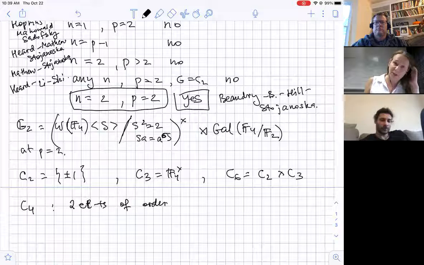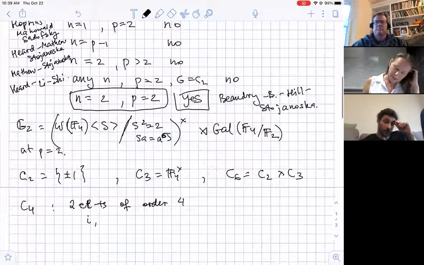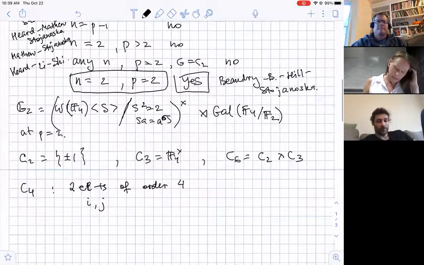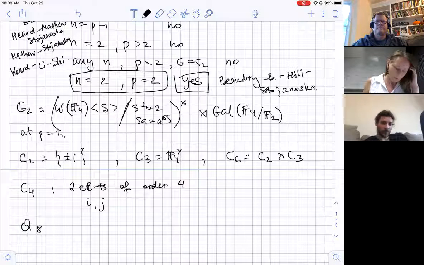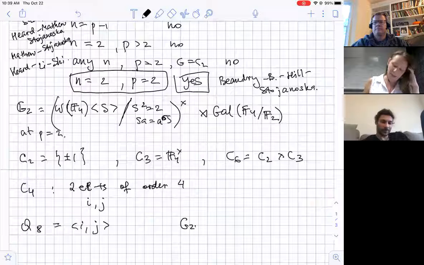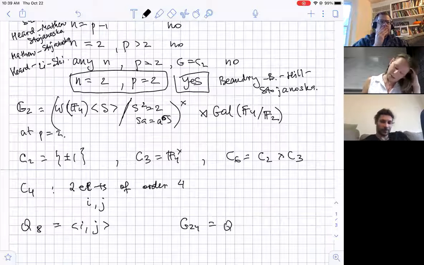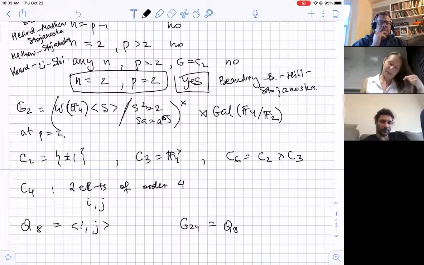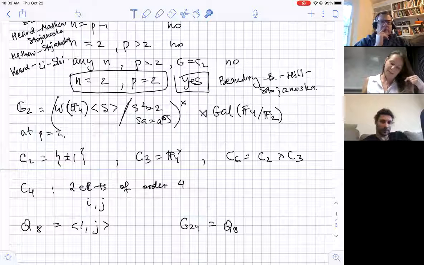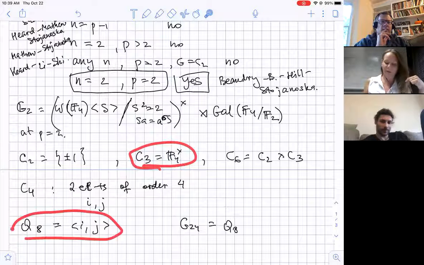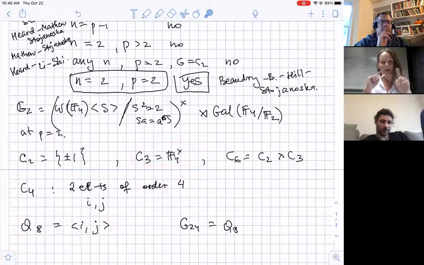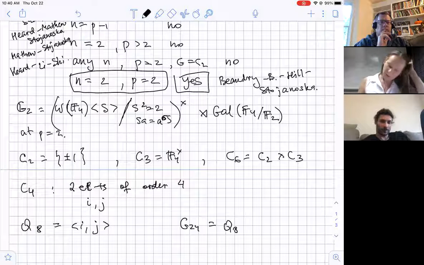I will not write them down because that will not be enlightening. Let's call them i and j. Then, of course, if you have two elements of order 4, you also have a group Q8. And there's a G24, which is this Q8 with this C3 acting on it by permuting i to j, j to k, and k to i. So Q8 semidirect product with C3.